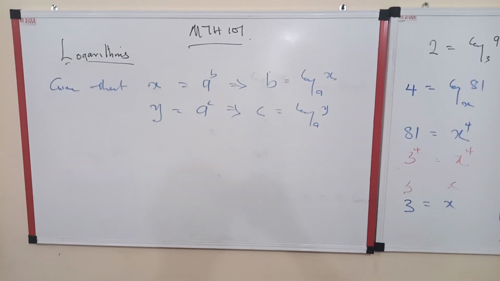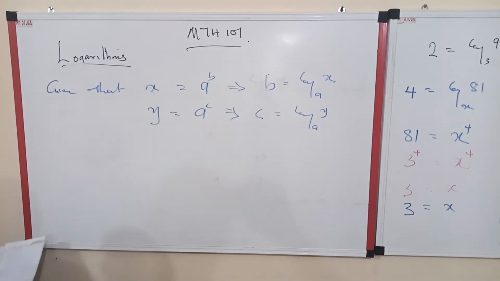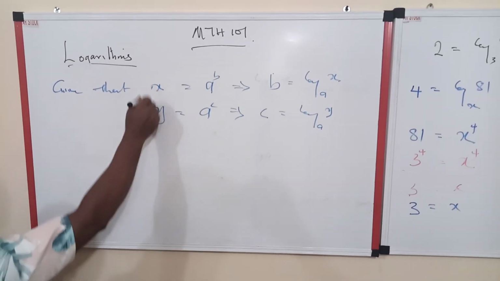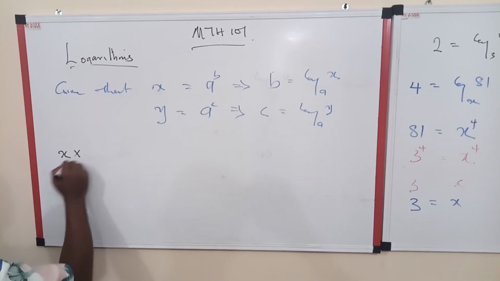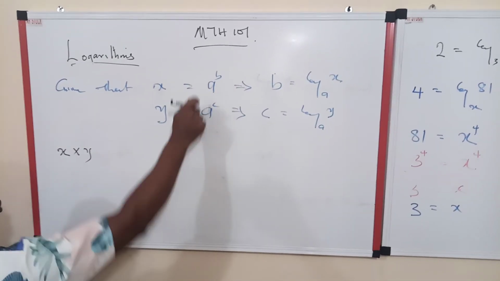Now what do we do? Let's try to multiply these two terms, that is x times y, to see how it will look. If we multiply this side, we are going to also multiply this other side.